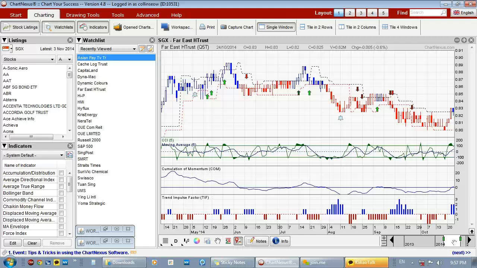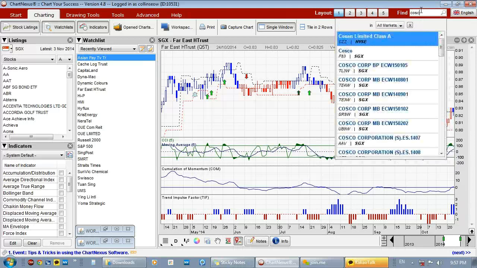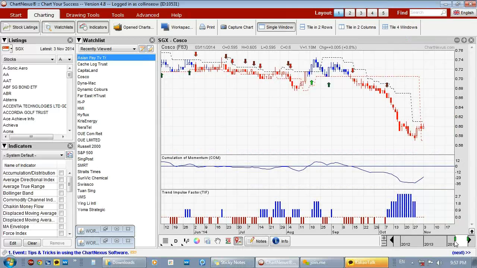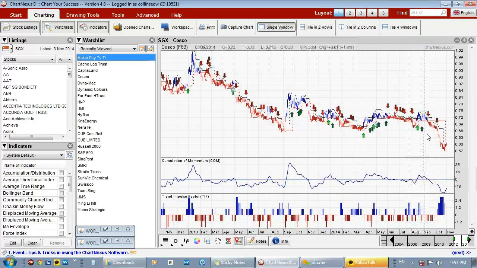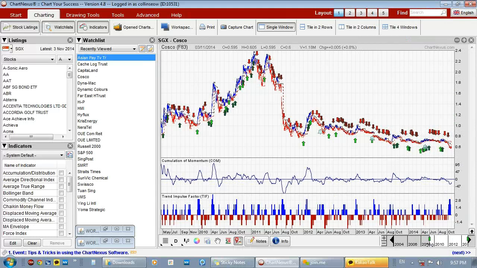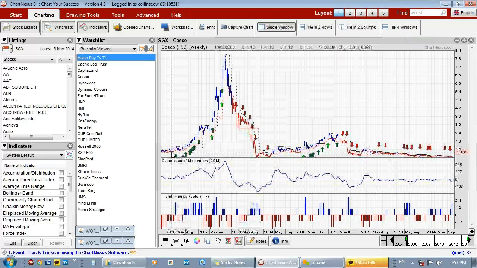So if you look at Costco, recently it started to trend again. But before that, this was the move: from 80 cents all the way to $7.